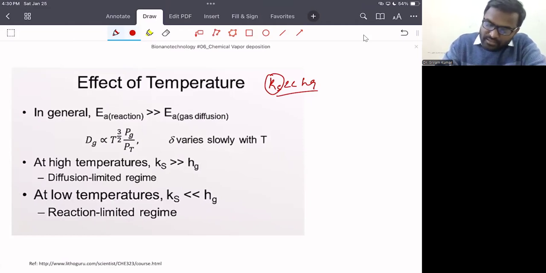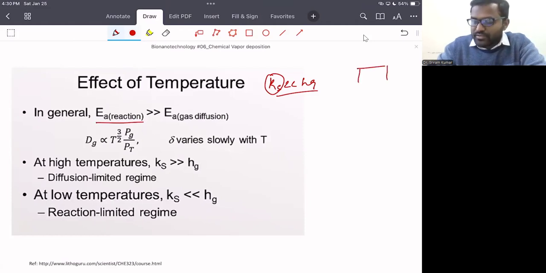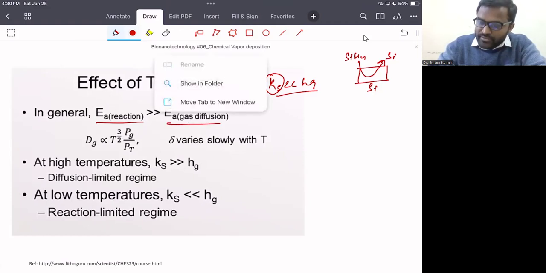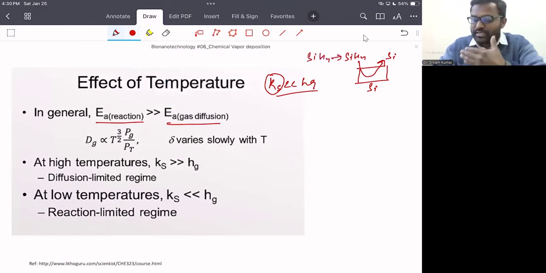In that case, the activation energy of the chemical reaction, the decomposition at the silicon surface of SiH4 to silicon, is more than that of diffusion. So SiH4 diffusion from the bulk to the surface.